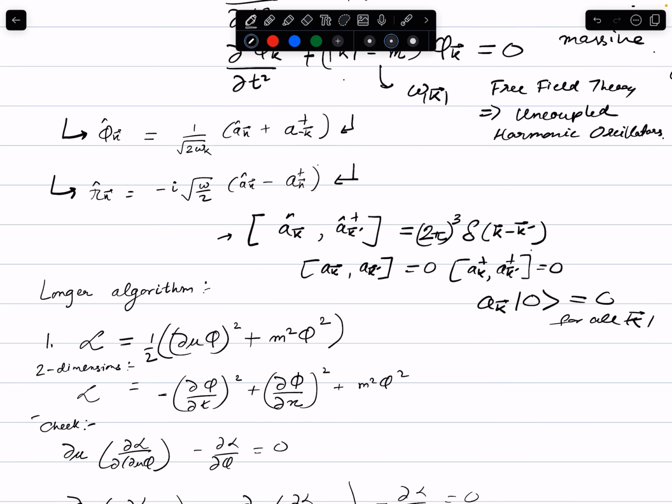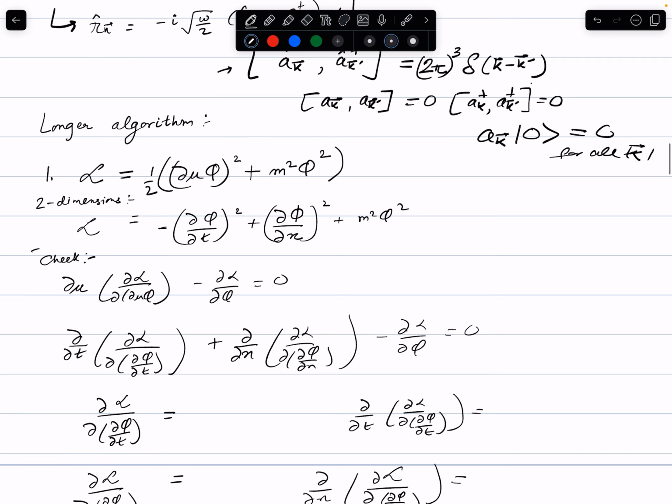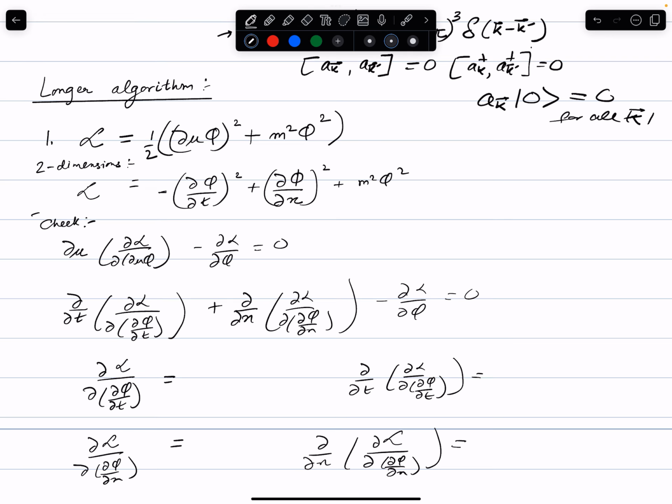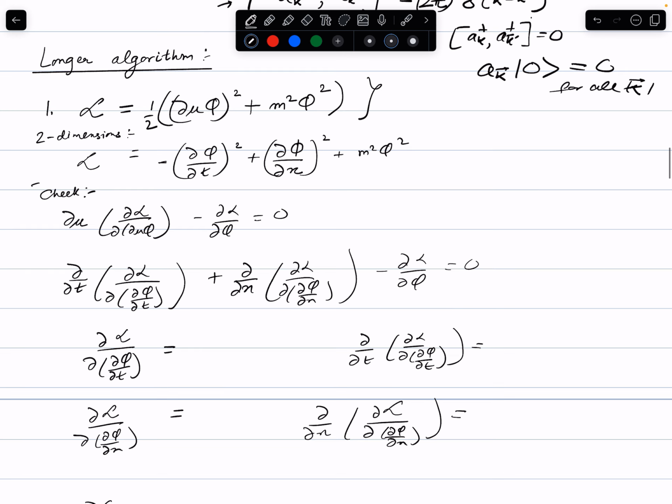Okay. So let me proceed with the longer algorithm. Now what we have to do is start from the Lagrangian, which is this, and the simplest case you can consider is in 2 dimensions, where the Lagrangian, explicitly written, just looks like this: minus del phi del t squared plus del phi del x squared.